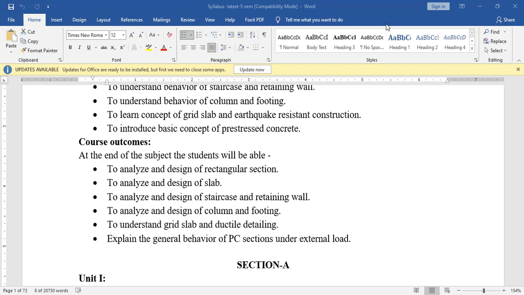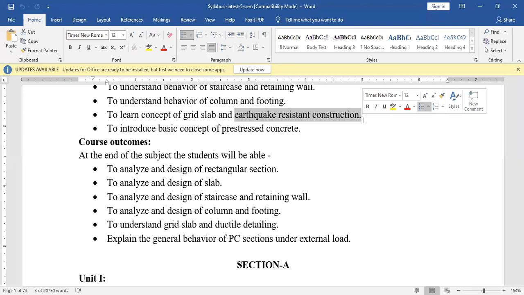But if you just talk about earthquake, okay, just a minute. Well, for earthquake resistant construction, there's IS 1893 and 13920.